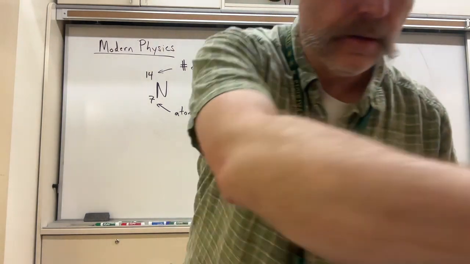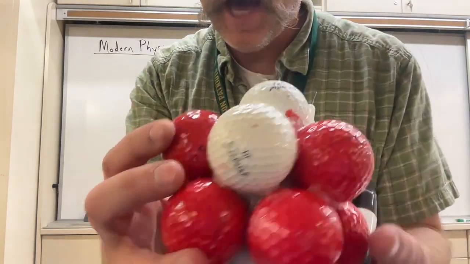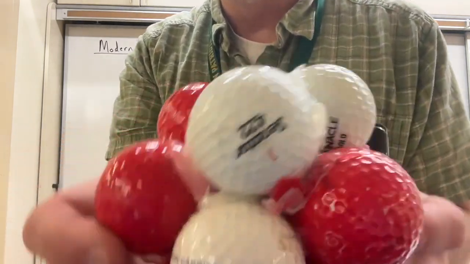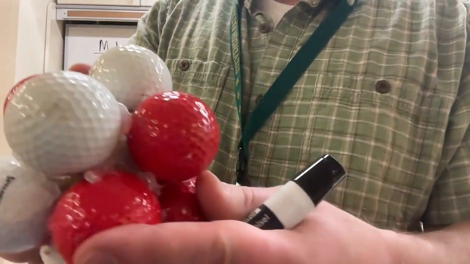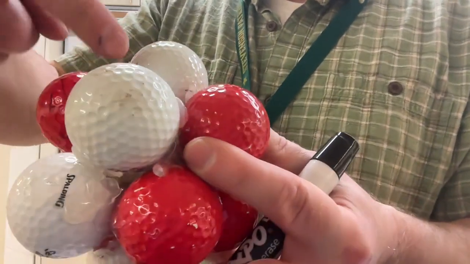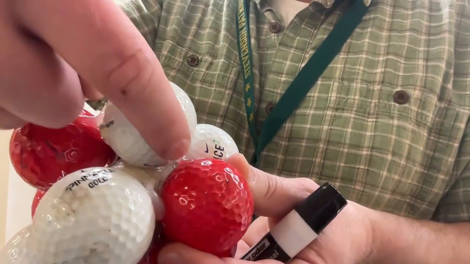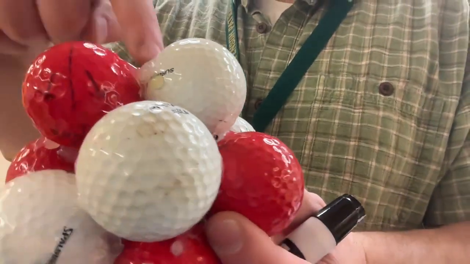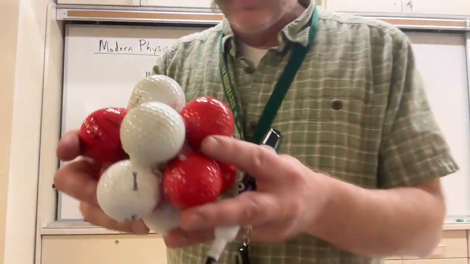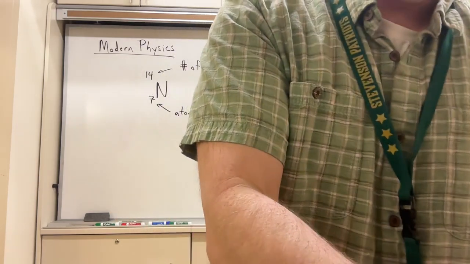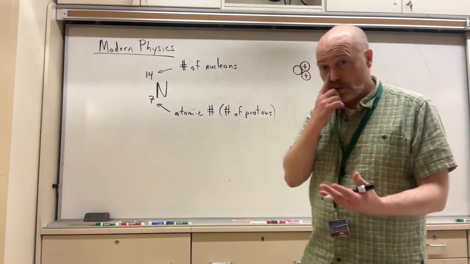If you look at my model, do you see how my golf ball right here has strong force here, strong force there, strong force there. But if it's neutral, it's not supplying any more electrostatic force.